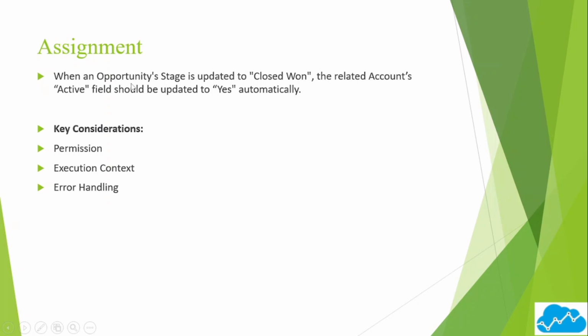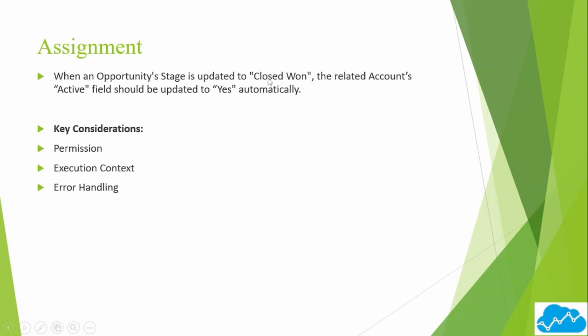Opportunity is a standard object in Salesforce, and between account and opportunity there is a relationship already created by Salesforce. Whenever the opportunity stage is updated to Closed Won, note that opportunity stage is a picklist, having different types of values.